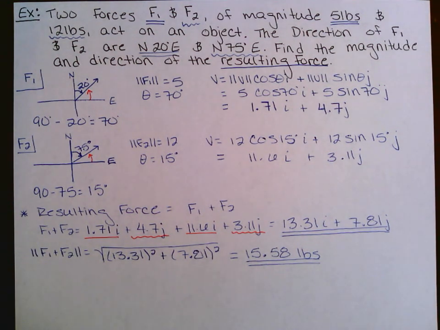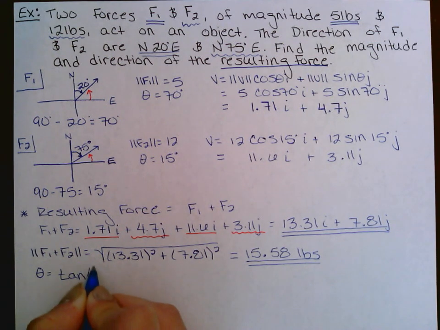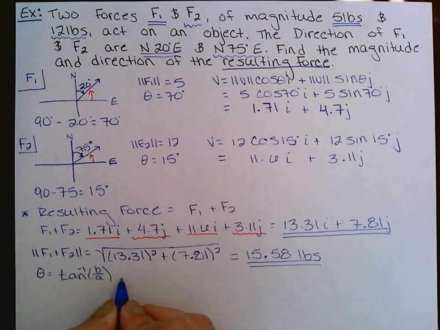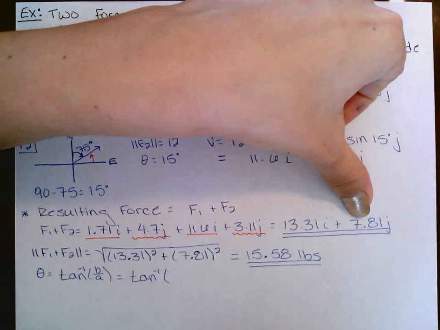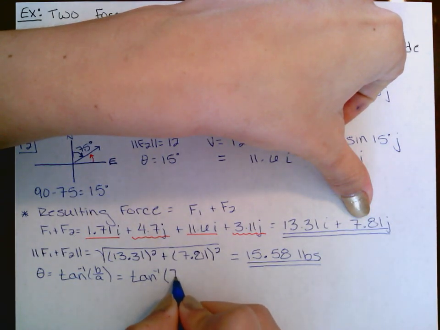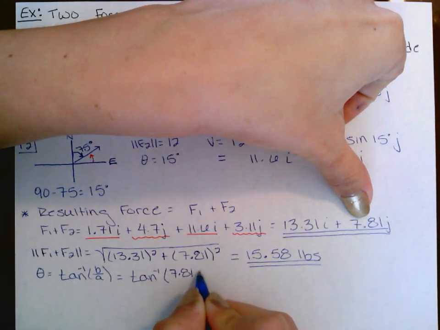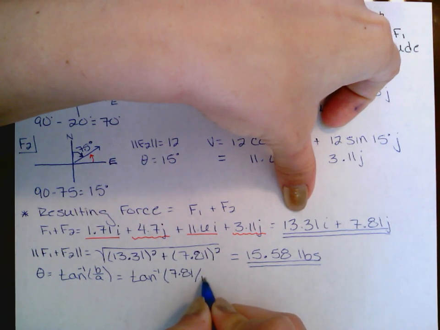So I can find theta, okay? Remember, theta is inverse tangent of b over a. So I can say inverse tangent of my b, remember b is the one next to the j, divided by a.